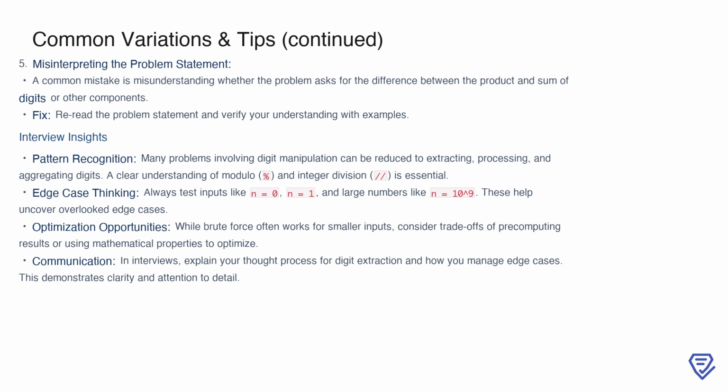Optimization is another area to think about. While brute force is fine for small inputs, larger constraints might require pre-computing results or leveraging mathematical properties. Finally, communication is critical in interviews. Clearly explain how you extract digits and handle edge cases. This demonstrates both your problem-solving skills and attention to detail.